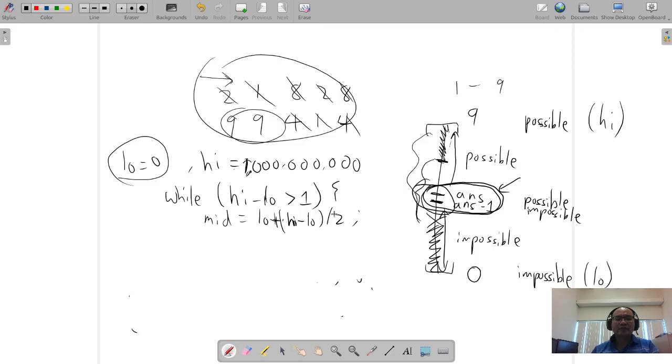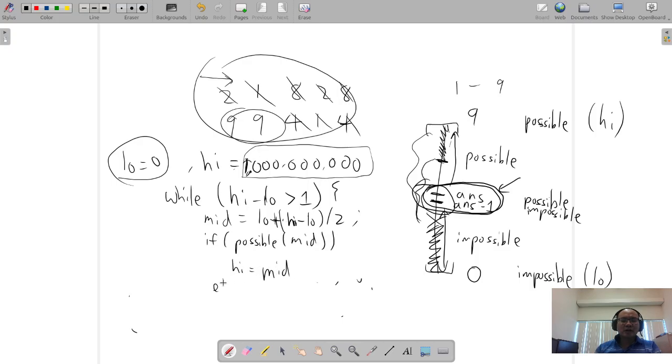Actually, because every number is between 0 and a billion, even if you do low plus high over 2, low plus high can get at most 2 billion, so you're not going to overflow. But this is safer just in case. And then you write a function to check if something is possible: if so, high equals mid, otherwise low equals mid.